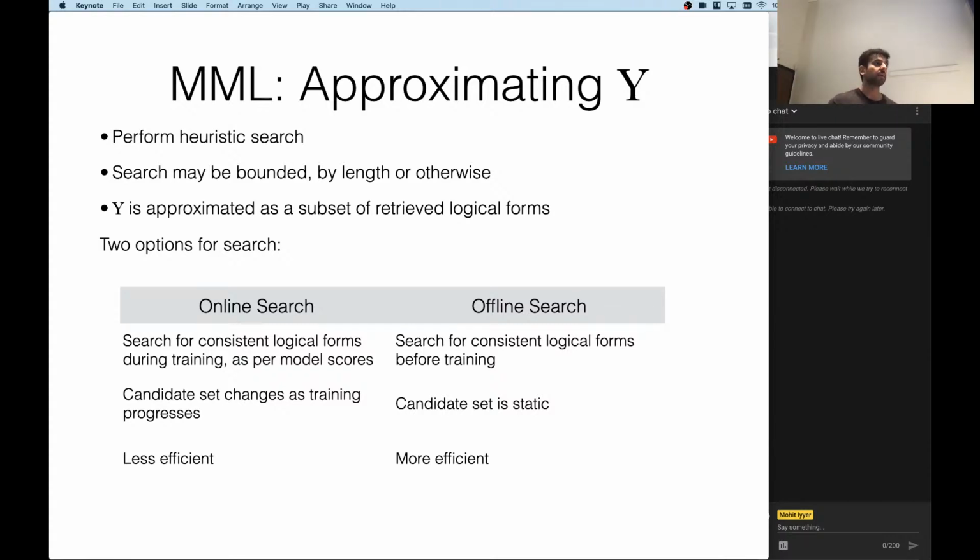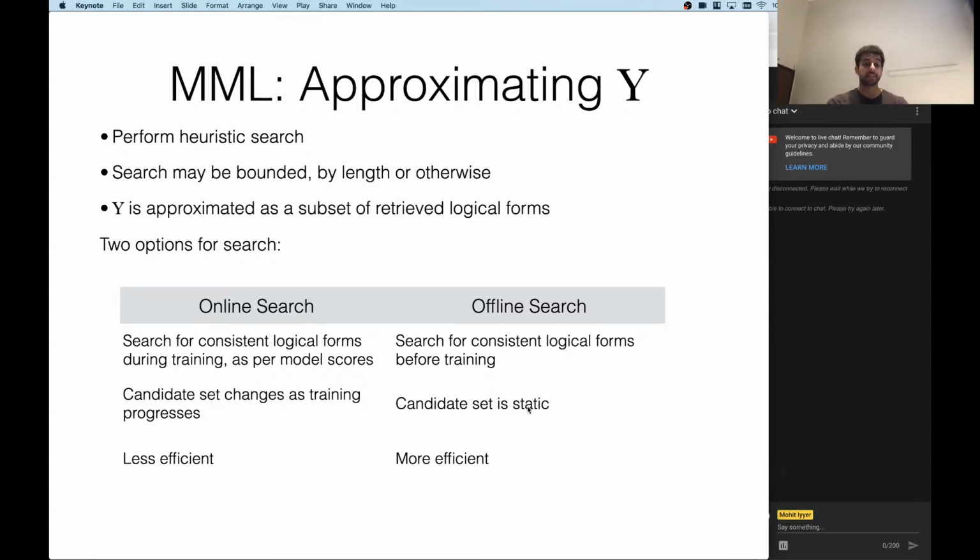So as your model changes and is backpropped into and its parameters change, you might be able to redo your search and get a better estimate of the logical forms that execute to Z. So this is good. You get better candidates potentially, but it's also not efficient because you have to run a search before you actually are able to train on a particular example.